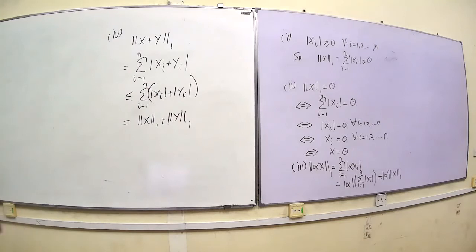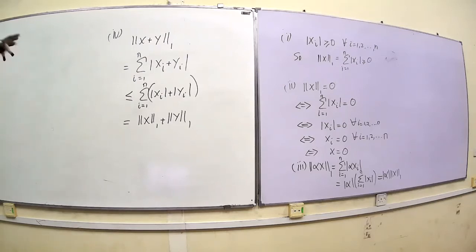So similarly, if they define a norm, you can always check whether a certain definition satisfies the norm condition or not, right? But in this course, we will not focus on checking the norm condition. We will only focus on how to compute the norm and how to use the norm.